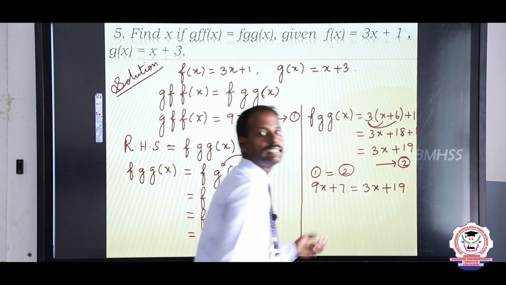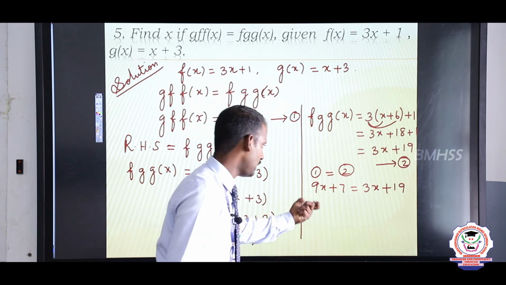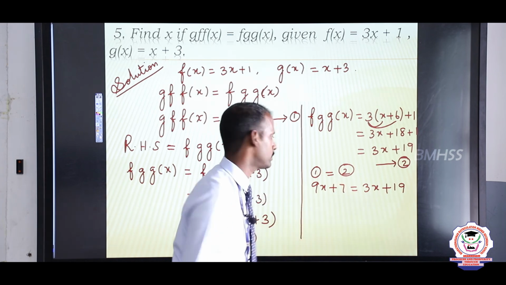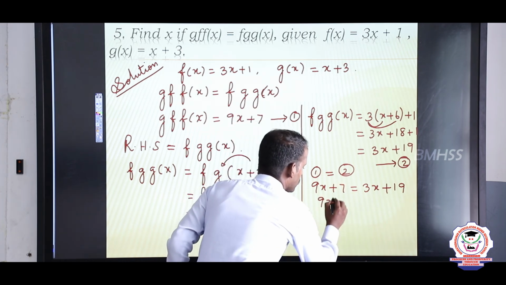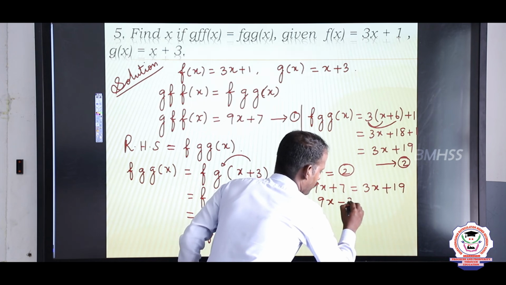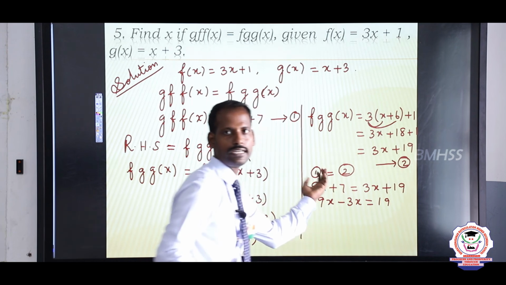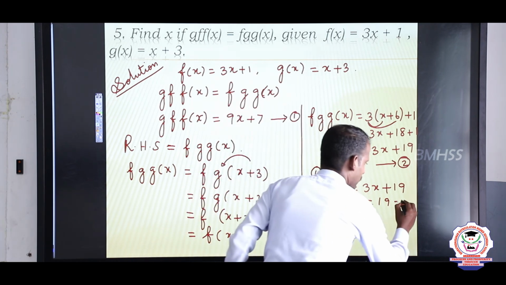So here x part, you have to send to the LHS side, then constants you send to the opposite side, that is the RHS side. So 9x, here 3x you send to the left hand side, minus 3x, and then equal to 19. Here constant you send to the RHS side, so minus 7.